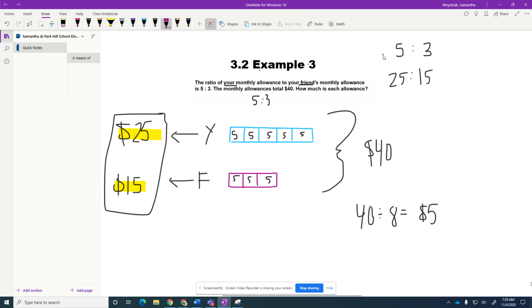Well, we know yes, we can multiply it by 5. All right, and then we're going to see, is there a number we can multiply 3 by to get to 15? We say yes, we can multiply it by 5. And we can see there that since we multiplied both parts of the ratio by 5, we did do the right thing and we do have the correct answer because 5 times 5 is 25 and 3 times 5 is 15.